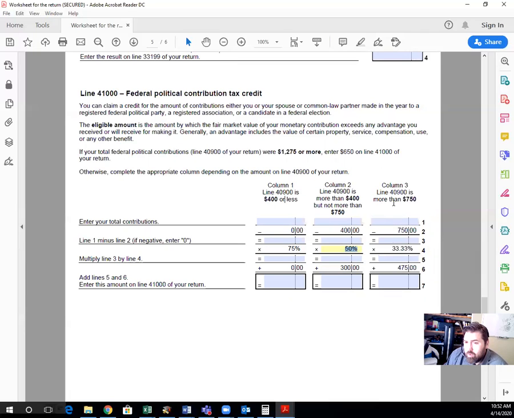And then anything over 750 would be multiplied by 33%. So you can see here the $300 from the first bracket plus another $175 from the next bracket is this base $475. So your amount minus 750 times 33% would be your additional tax credit.